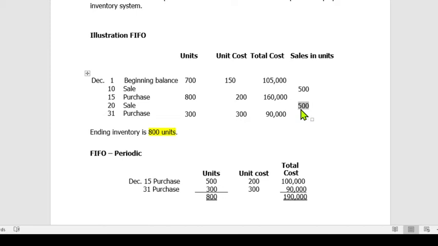The rule on the first in first out, kung alin yung mga unang items yung unang ibebenta. So dito sa una, meron pang natirang 200 units dahil 700 units ang beginning, nagbenta ng 500, so may natira pang 200. So yung 200 dito sa 500 will be measured at 150.